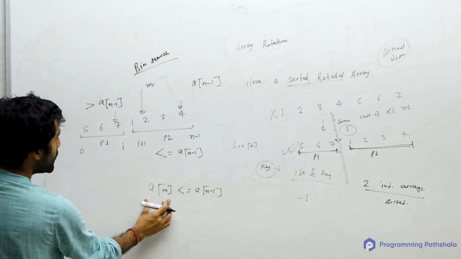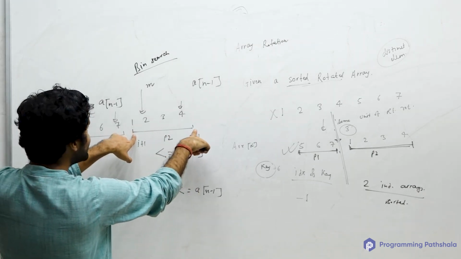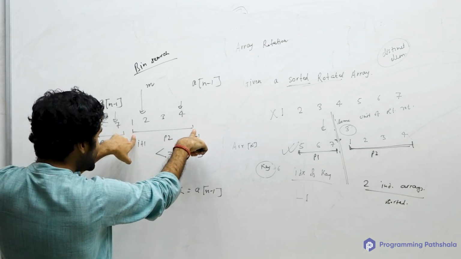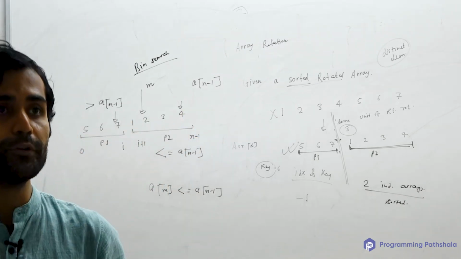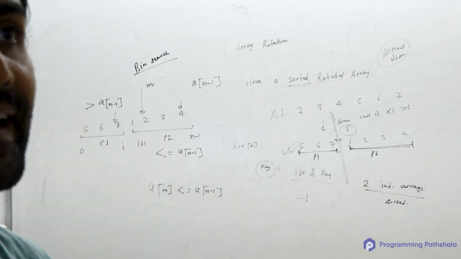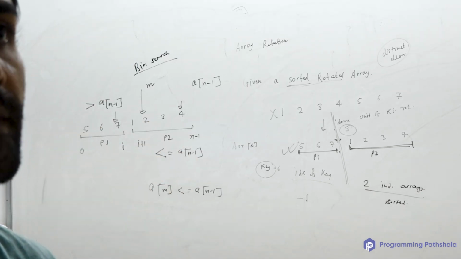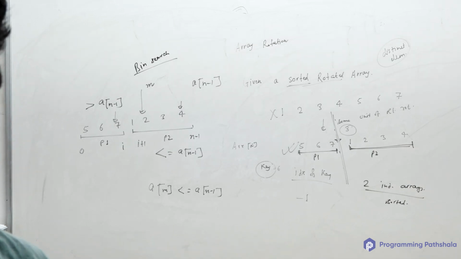So if you see that A[m] is smaller than or equal to A[n-1], that means you are on the right side of your answer, so you should move left. How do you move left? To move left, can you simply do high = m-1? Yes, no, that was what we were all doing, right?